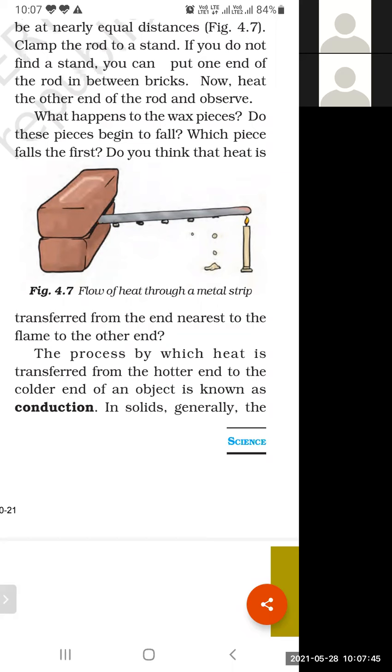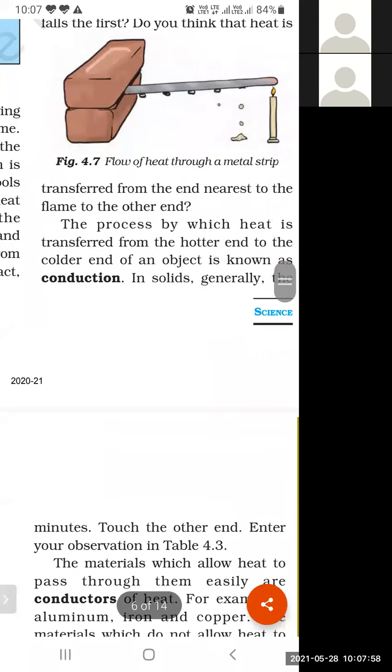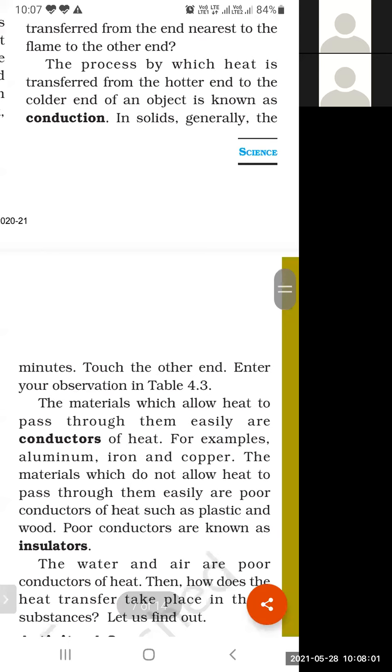The first mode of heat transfer is conduction, the process by which heat is transferred from the hotter end to the colder end, and it generally takes place in solids. So in solids, which method takes place? Conduction.